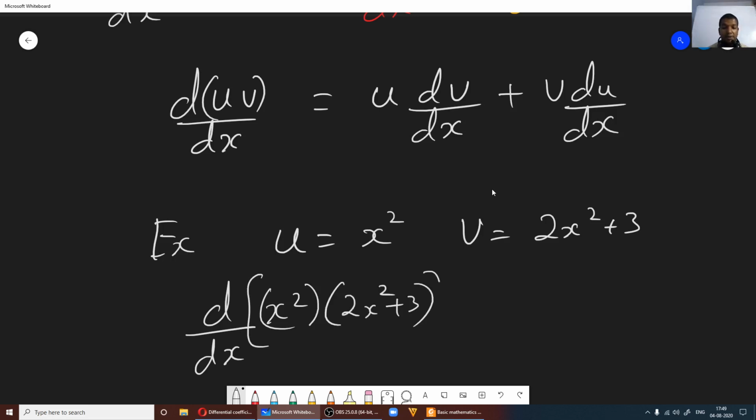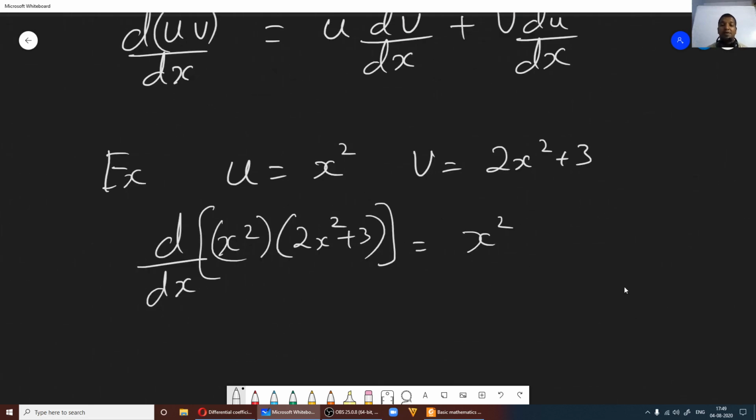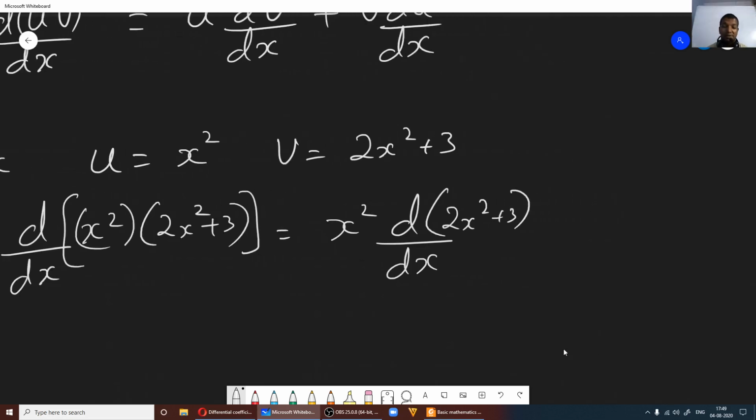You can evaluate this as x square times d divided by dx of v, that is 2x square plus 3. This is not the final result. What is the final result? We'll see next. There are a few more things which you need to learn.